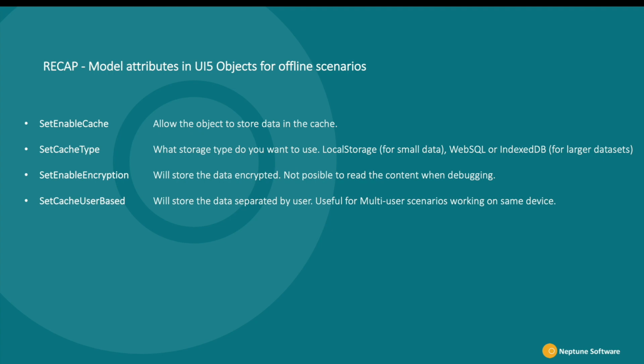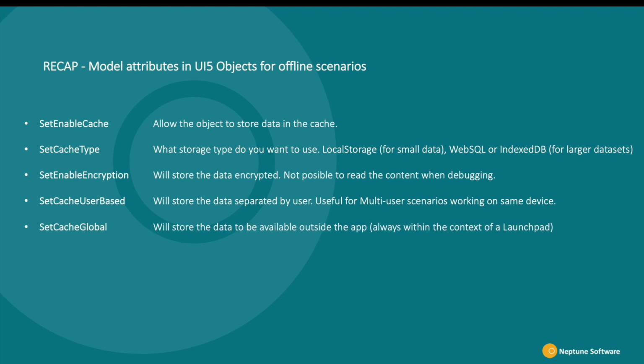The other attribute is set cache user based. This property will separate the data depending on the user that is accessing on that device. This is very useful in scenarios where you have multiple users using the same device.